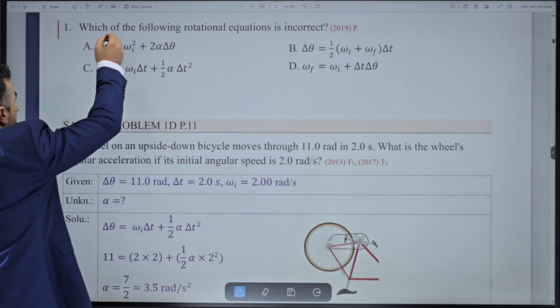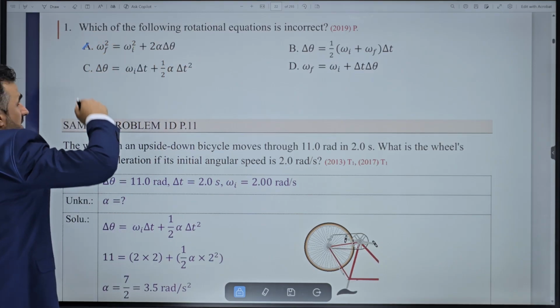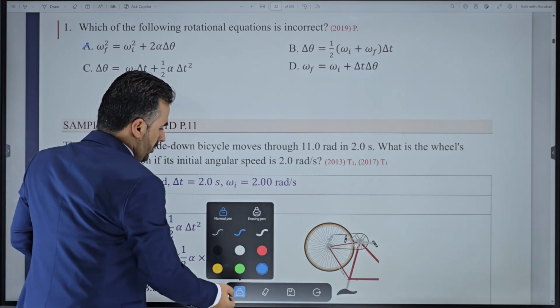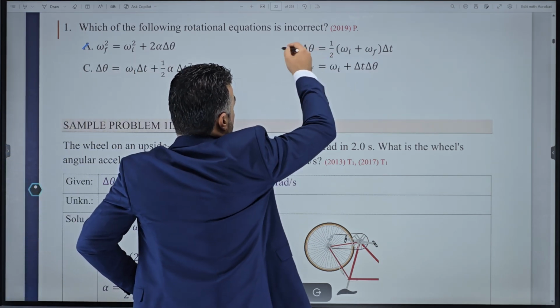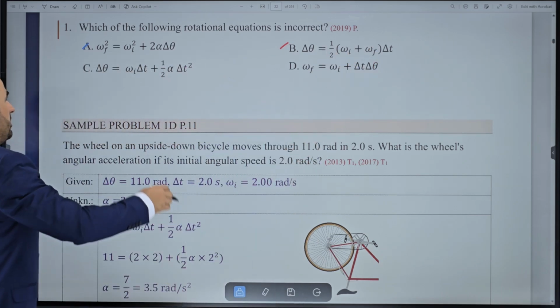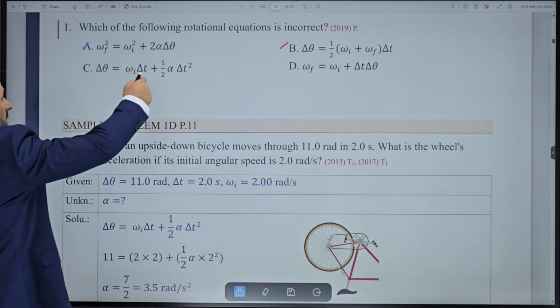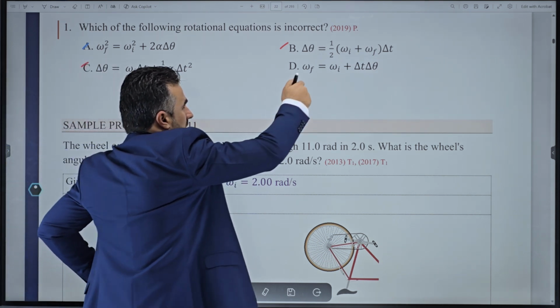Remember, this is the fourth equation based on the sequence that I wrote. So this one is totally correct. There's nothing wrong with this one here. What about the second one? You can see B, it is the second equation. Again, this one is correct. There's nothing wrong with this one either. What about C here? You can see that it's all correct, and that was the third equation. What about the last equation here?